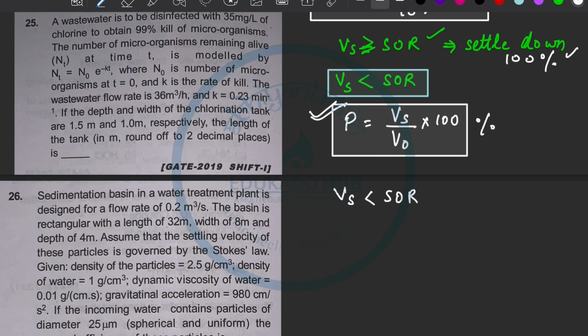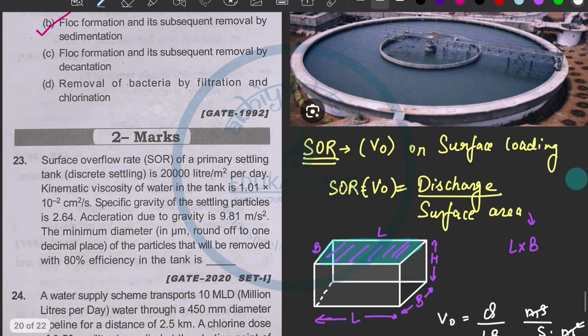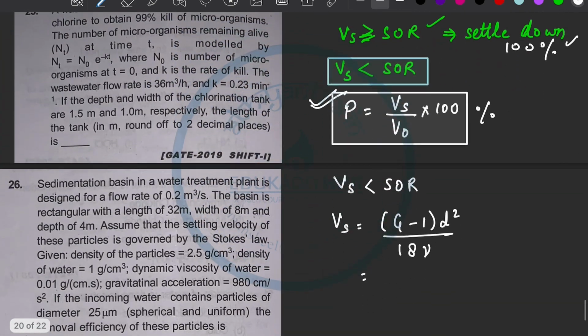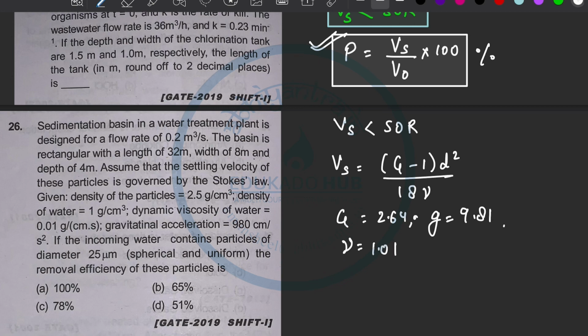Let's calculate first of all Vs, the settling velocity, that is (Gs minus 1) d square upon 18 nu. The particle specific gravity is given as Gs equal to 2.64, small g is equal to 9.81, and nu is equal to 1.01 into 10 to the power minus 4 meter square per second.